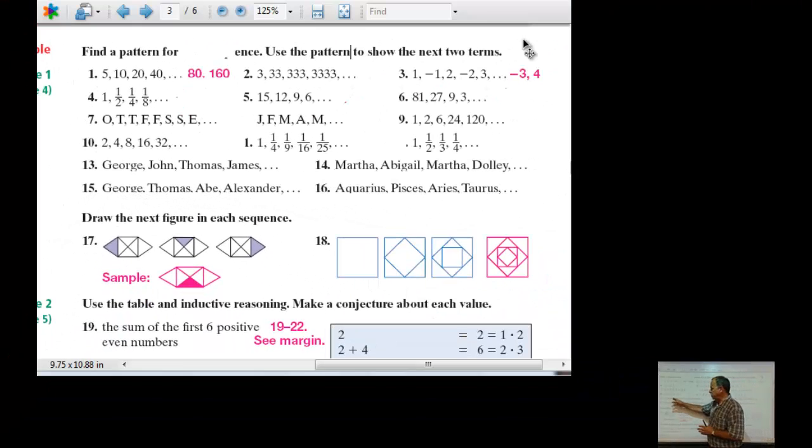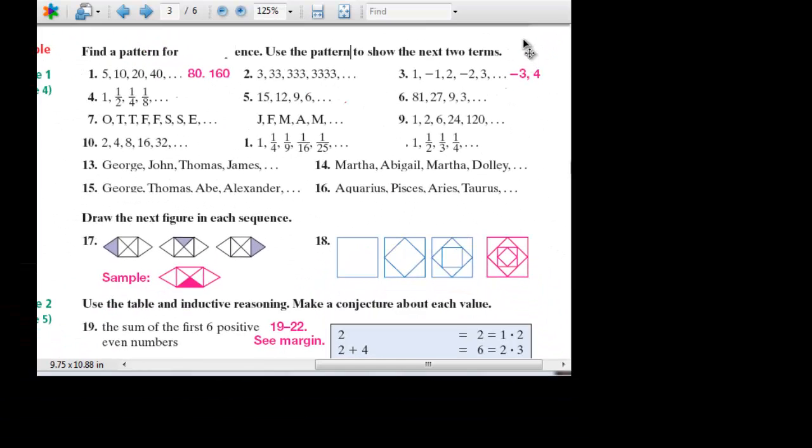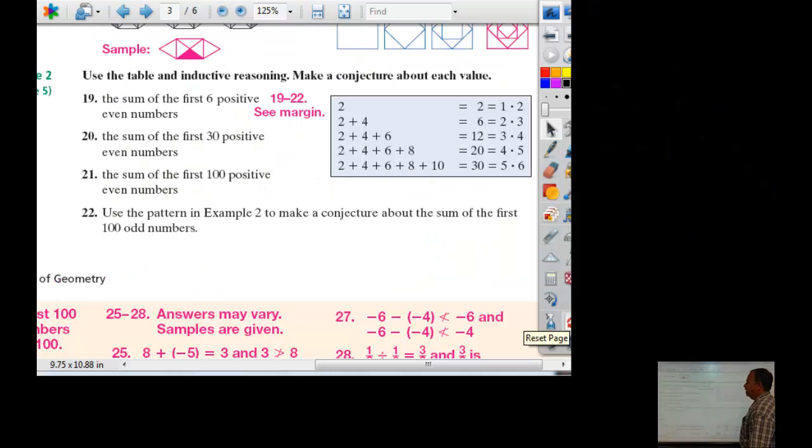So you're looking at George Washington, John Adams, Thomas Jefferson. Was he president? Yeah. Okay. James, I'm not sure, quite frankly. Ask your history teacher. But you need the next two presidents. Here, I'll give you a hint, but I'm not going to tell you on this one. These are related to these. Okay, that's the only hint I'm going to give you.